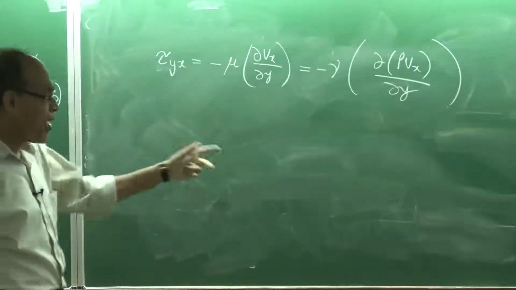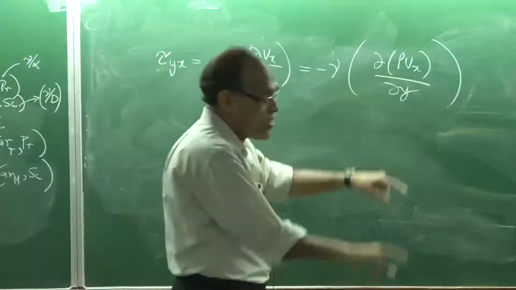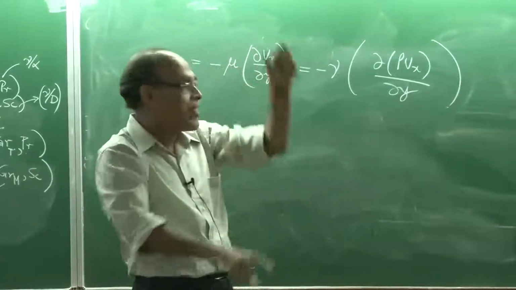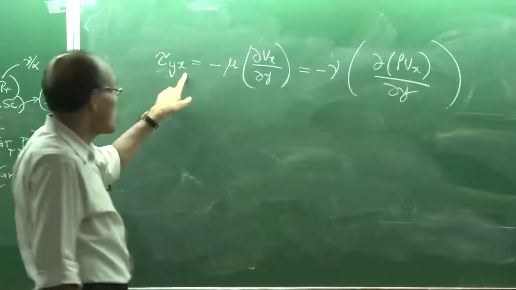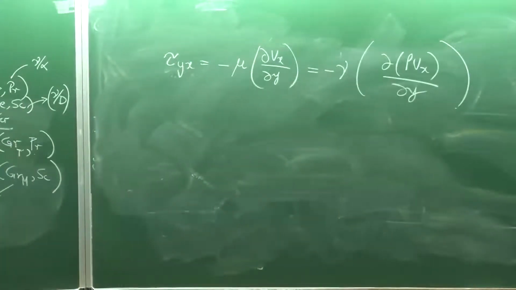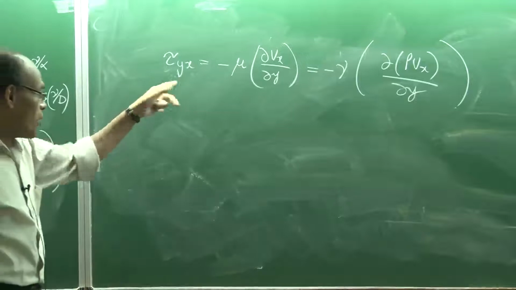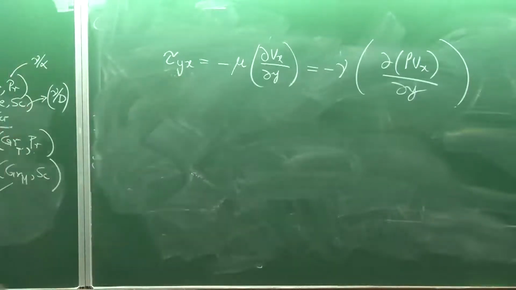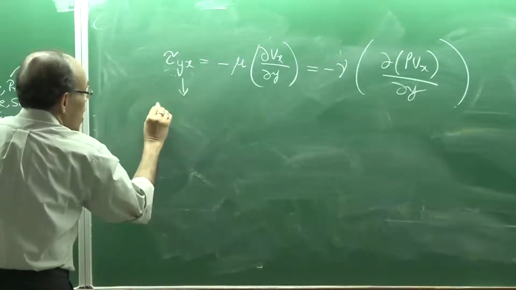You can imagine that Vx represents the x directional velocity, and we are talking of the gradient along the y direction, that's what it implies. And in these notations, the subscripts yx essentially indicate one is the normal direction and one is the x momentum along the y direction. And I have also shown that this is the flux of momentum.